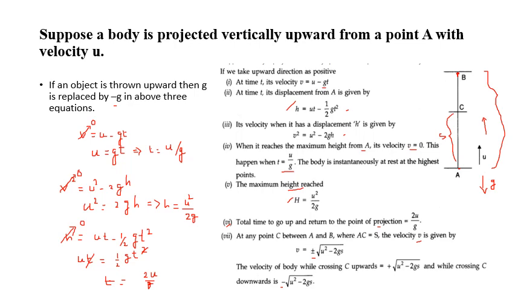Is that clear? So while crossing C upward, the velocity will be plus square root of u squared minus 2gs. But while crossing C downwards, v equal to minus square root of u squared minus 2gs.